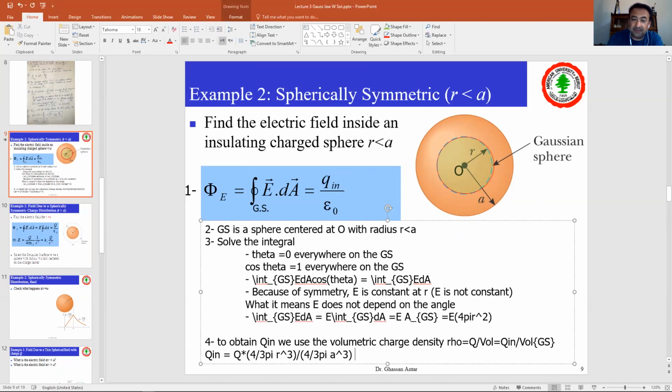So this gives me Q, total Q, times R to the power 3 divided by A to the power 3.